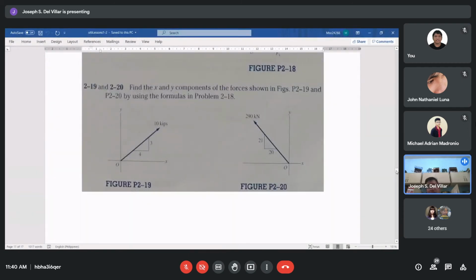All the activities must be written on an 8.5 by 13 inches bond paper or long yellow pad, and then use blue ball pen.